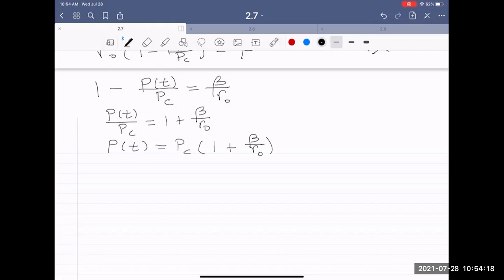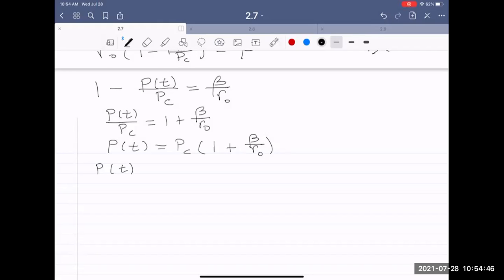Okay, so let's plug these numbers in to see what I get. And so P sub t is going to be our stable population.